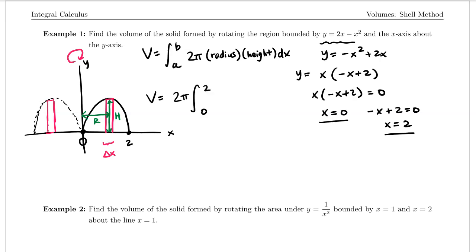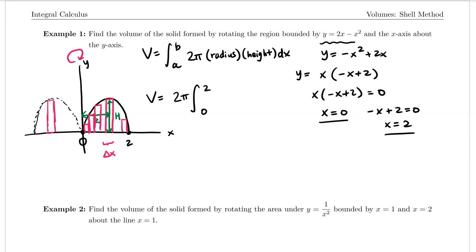Sometimes my students get a little bit confused about what to make our limits of integration. Remember, it's where our rectangles are starting and where our rectangles are ending. So my rectangles are going from here to here.